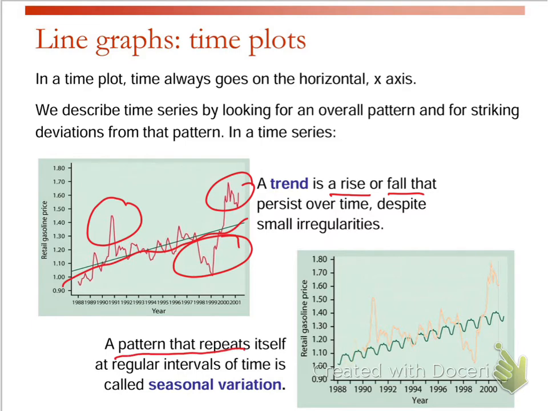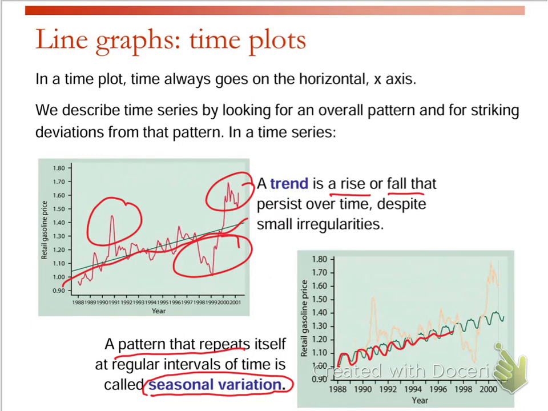You remember in climate we have seasons: spring, summer, autumn, winter, and they keep repeating. Spring, summer, autumn, winter, spring, summer, autumn, winter, and so on. So here also they are repeating. If they repeat in the same sequence, that is called seasonal variation, repeating itself like the seasons of the year.